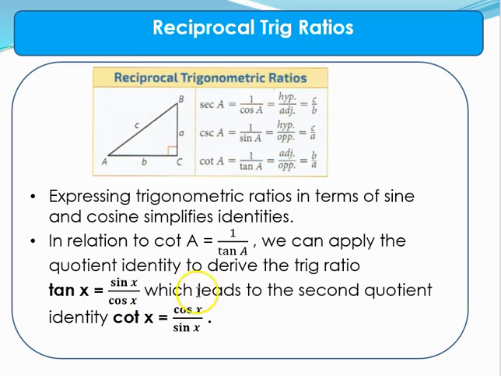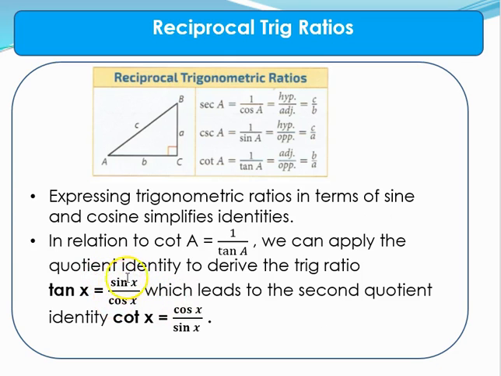And this ratio leads to the second quotient identity. So this is the first quotient identity, and this can be derived to also say cotan x equals cosine x over sine x. So look at this. This is tan, and it's sine over cosine. This is cotan, and it's cosine over sine. So if you break these things up and take a deep look at them, you'll see that they're very similar to what we've already been doing.